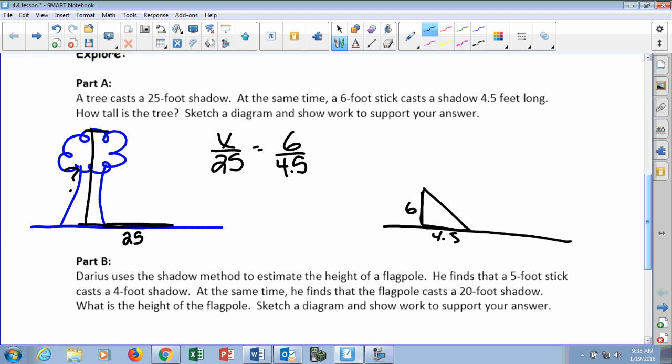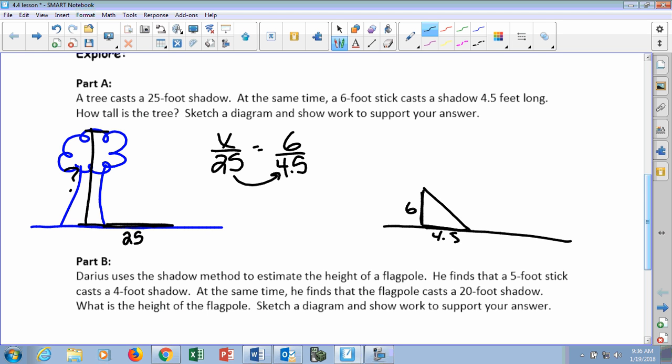Starting to ring a bell a little bit. To go from 25 to 4.5, are we going bigger or smaller? 4.5 is not bigger than 25, right?